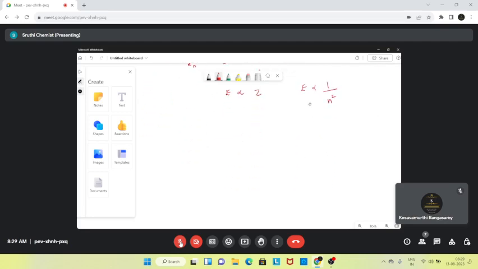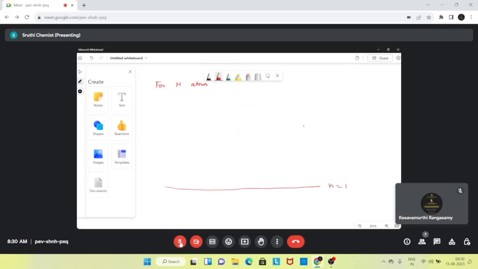Then let's come to the hydrogen atom. For the hydrogen atom, all the energy values have been calculated already. Let's take this as the first orbit, n is equal to 1.